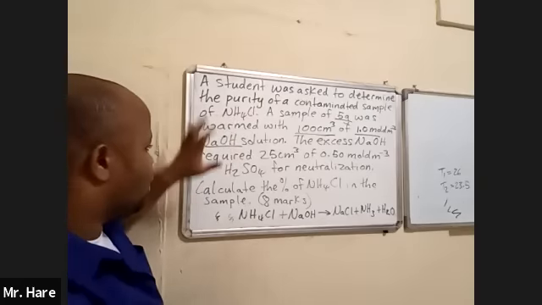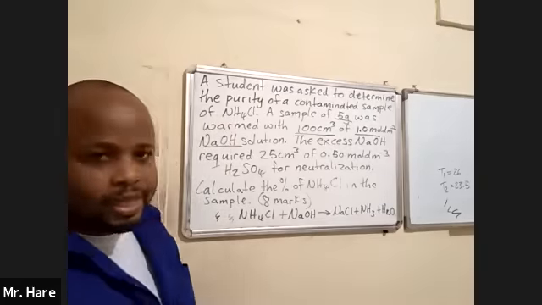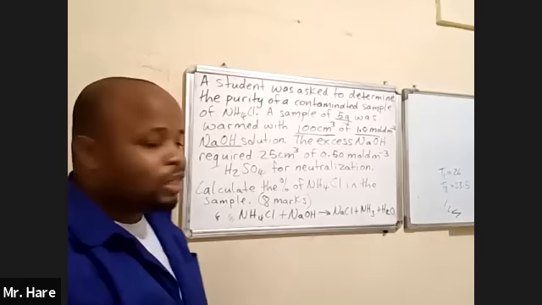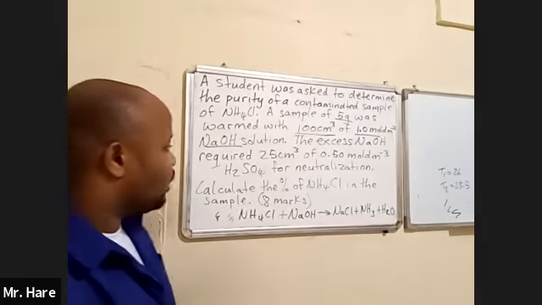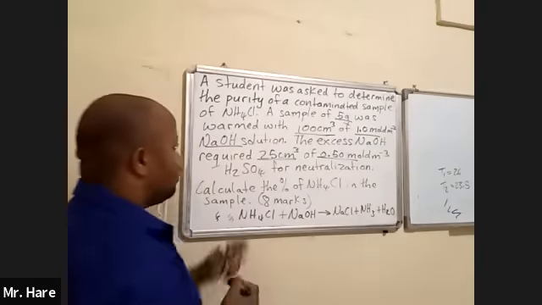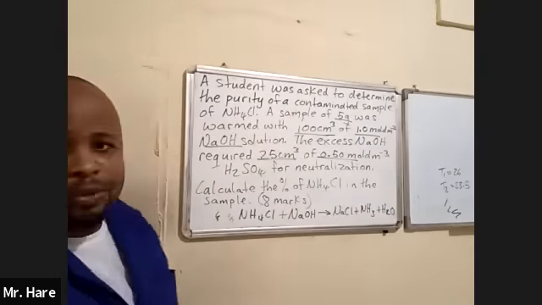After that reaction is completed, the excess sodium hydroxide was used in a titration with sulfuric acid, and 25 cm³ of 0.5 moles per dm³ sulfuric acid was used. So let's go ahead and work it out.